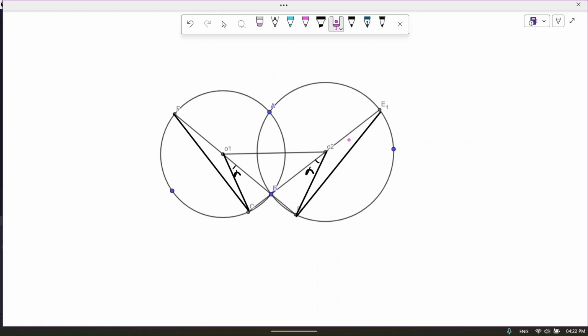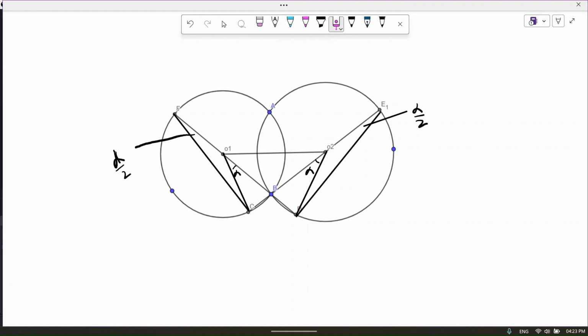So that means this angle is alpha by 2. So this angle is alpha by 2. And similarly on this side also, this angle is alpha by 2. Hence we are done, this angle is equal to this angle. So that means these 4 points are cyclic.